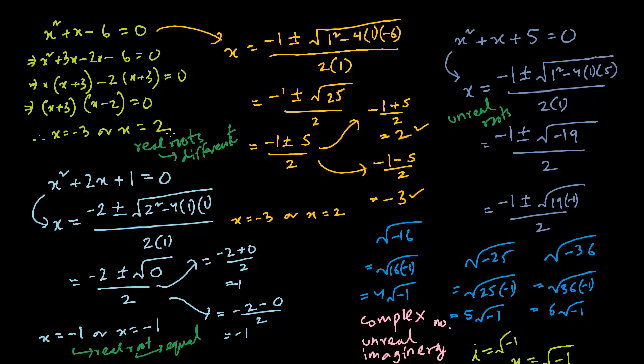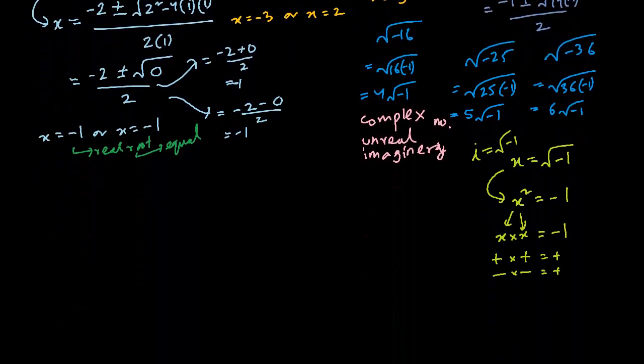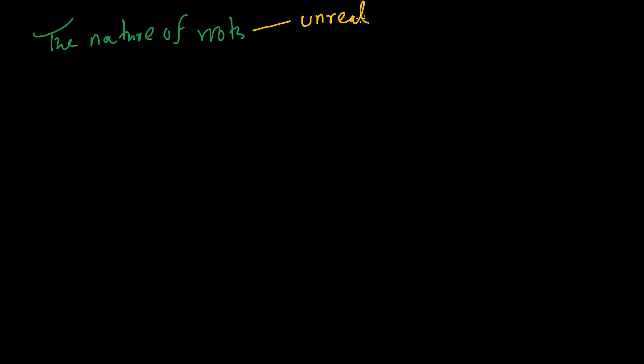There are first of all two different types. So when we are talking about the nature of roots of the quadratic equation, first of all, we can break them down into two different roots. It could be unreal, meaning imaginary or complex, or it could be real, meaning everything else.